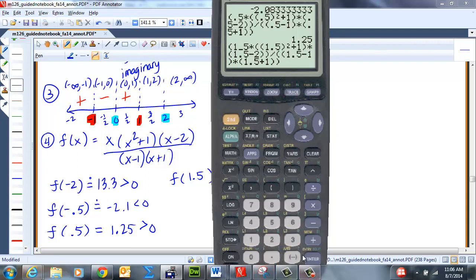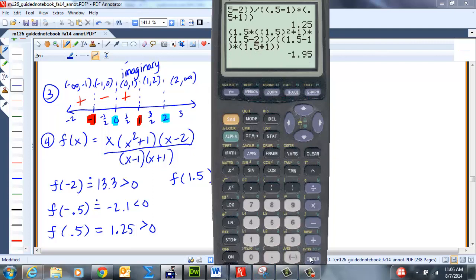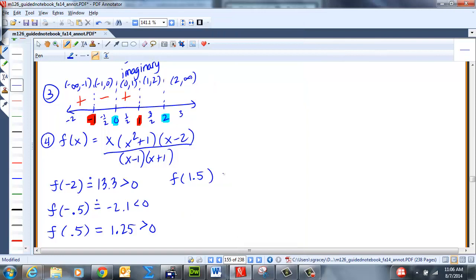Okay, so let's see what we got. I got negative 1.95. So we get a negative.